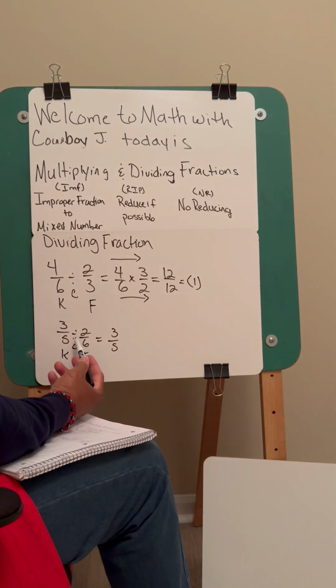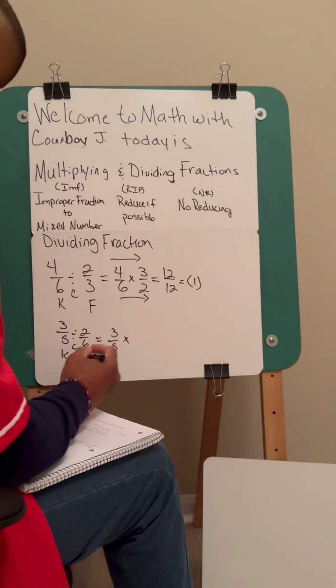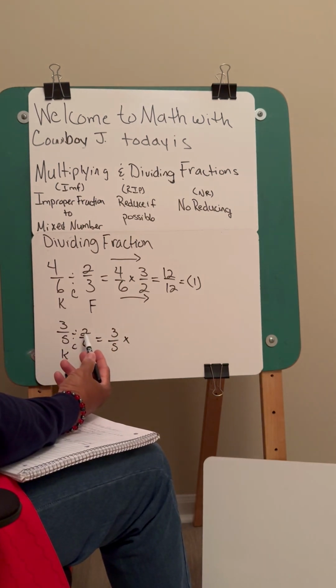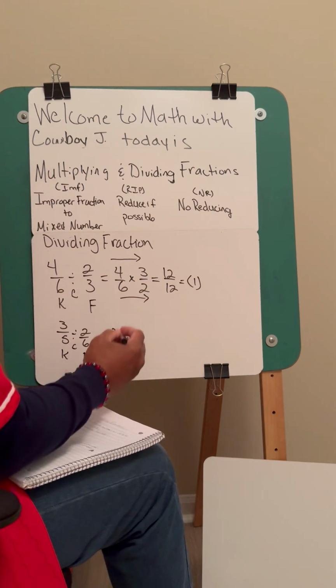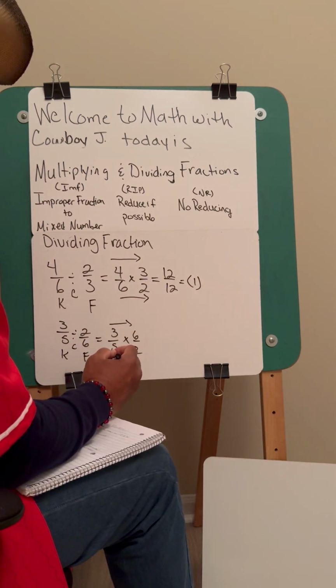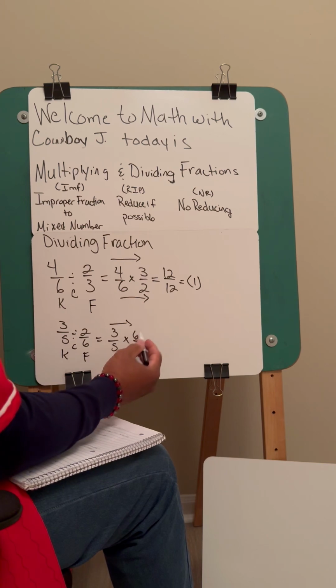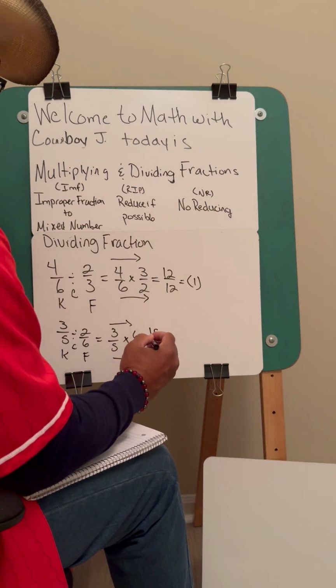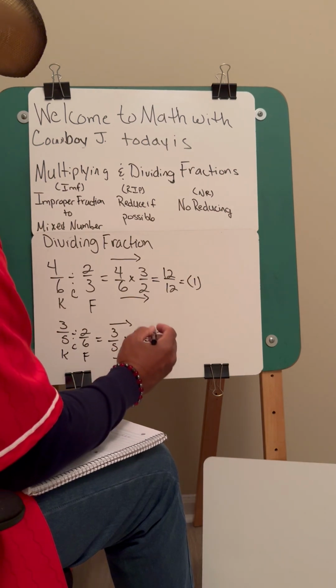I'm going to change from division to multiplication. I'm going to flip my 2/6 to 6/2. Now I can multiply straight across. 3 times 6 is 18. And 5 times 2 is 10.